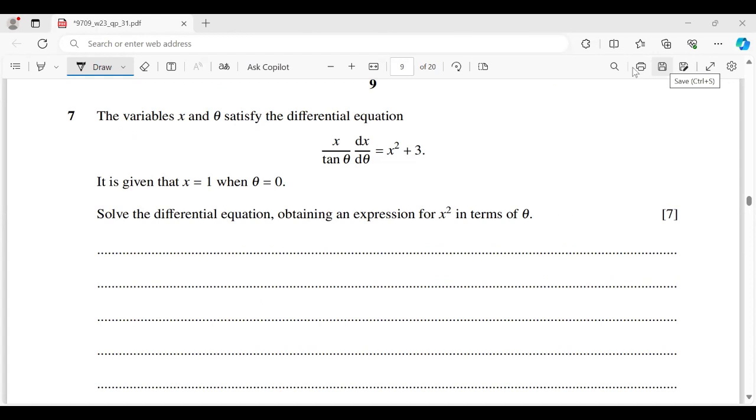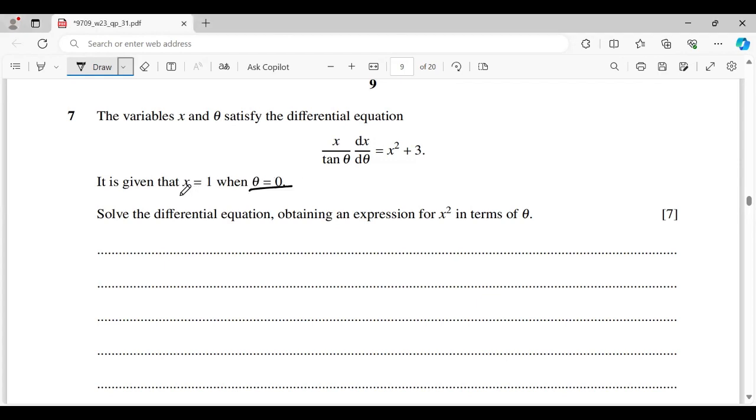Number 7, the variables x and theta satisfy the differential equation x over tangent theta dx d theta equals x squared plus 3. It is given that x equals 1 when theta equals 0.